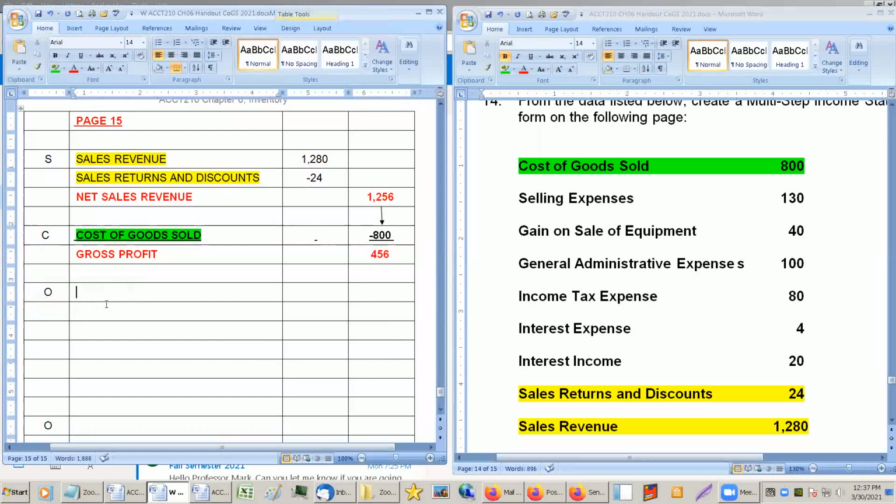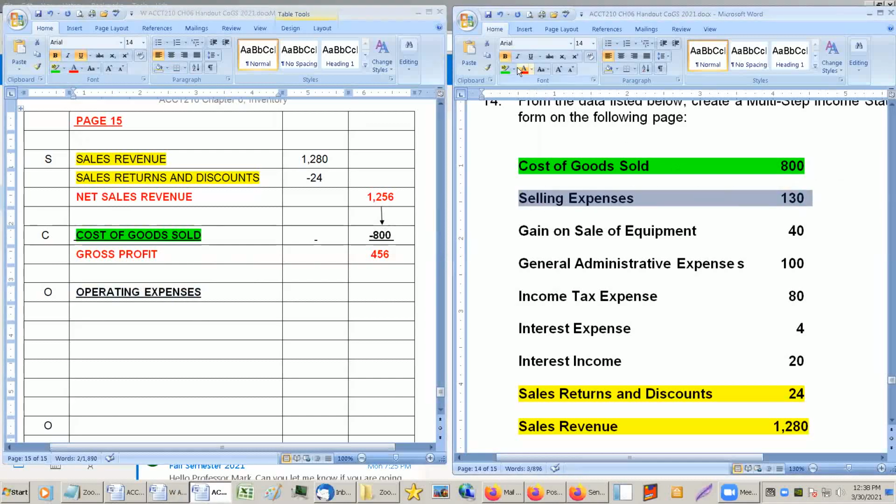Okay, and these are usually the big expenses. These are the operating expenses. These are two of them, this and that.